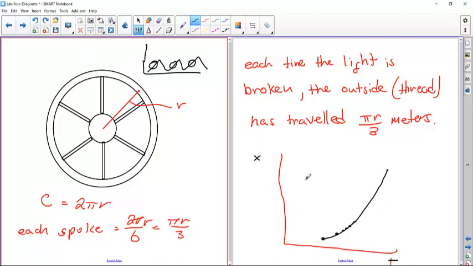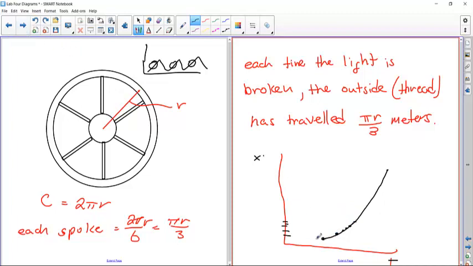Now one thing here, interestingly enough, is if I plot x versus t, the points will be plotted such that the change in x will be constant, because it's going to take a measurement every certain distance along this wheel. The time values will get closer and closer together. So in this case, the increment in the x direction is constant, and the time gets closer as the thing accelerates.